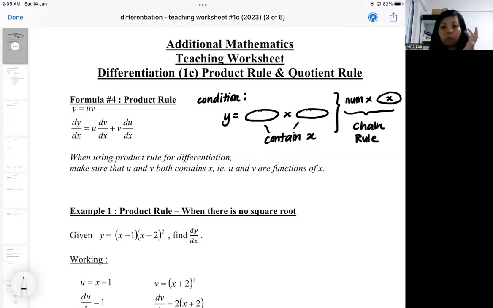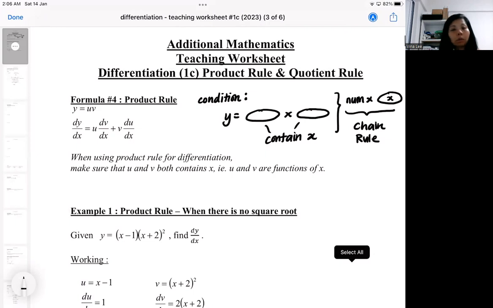So in order to use the product rule, you need to make sure that both products contain X. A lot of people are not aware, or they tend to forget. Then they will be like, so when do I use this? When do I use chain rule?